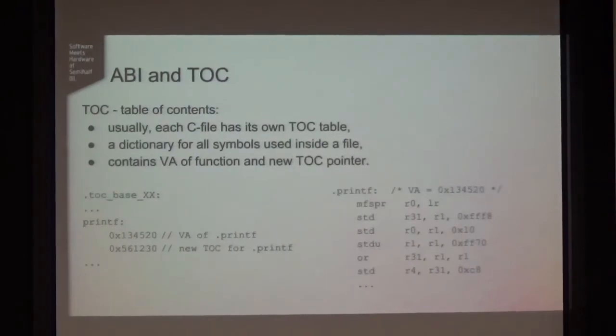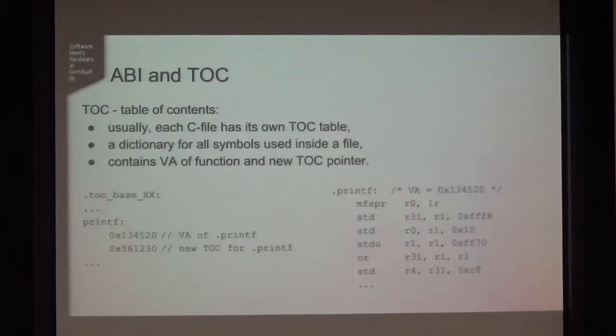I said TOC. So the TOC is a dictionary which provides mapping between function name, the symbol defined by the linker, and the place where the function actually is located in the memory. On the typical architecture, when the developer creates, for example, a function print, the compiler and the linker create a symbol print and put it somewhere in the memory. Under this memory location, we have the print code.